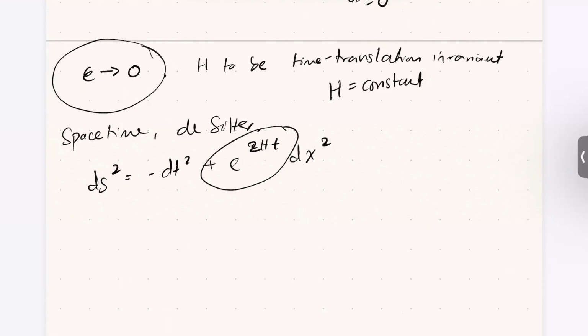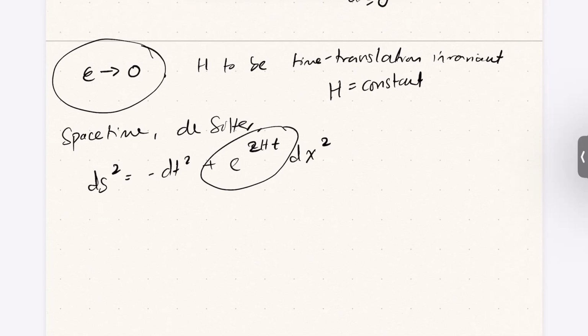If you look at this particular metric, does it have a point where it stops? Can I say from here just by looking at it that it goes to stopping the co-moving radius at any point? No, right?